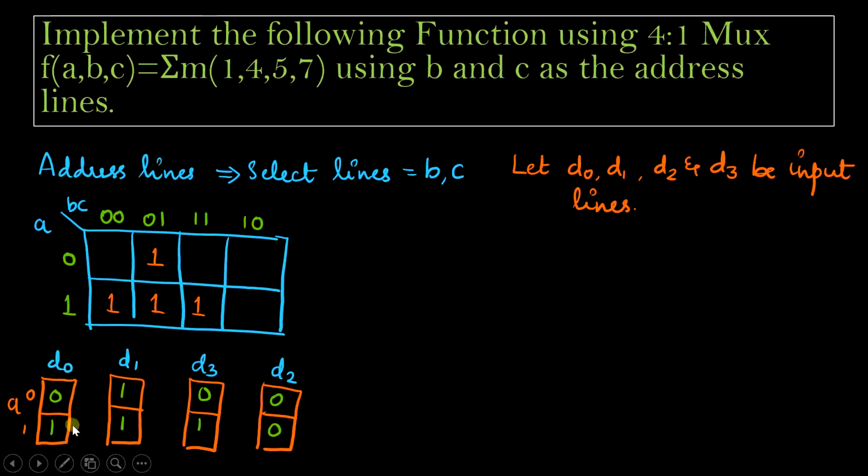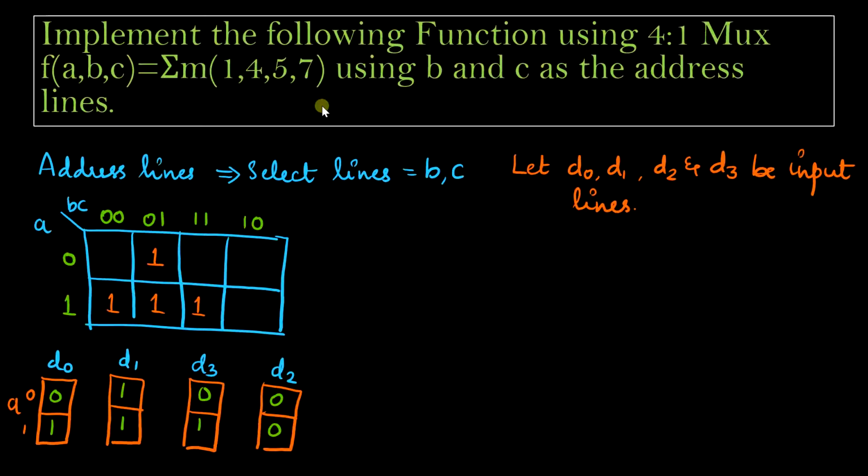Now if you see here, D0 is nothing but same as that of A. D1 is equal to 1, that is irrespective of A, D1 is equal to 1. D3 is same as that of A and D2 is 0 irrespective of the input A. In this particular case, it is very much useful because it's a 4:1 mux and you can have only 2 select lines.